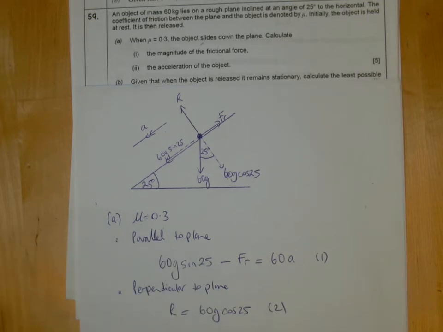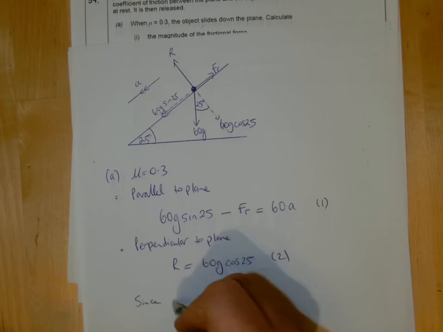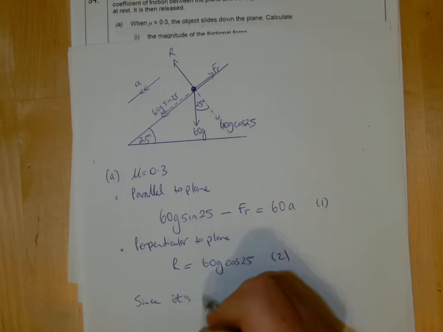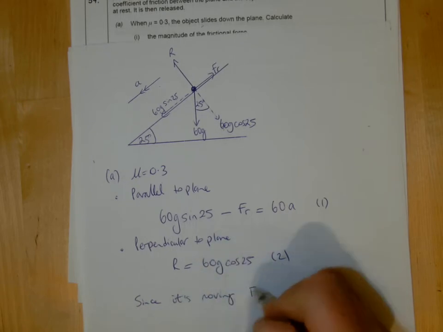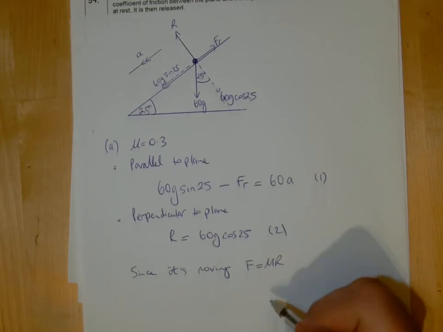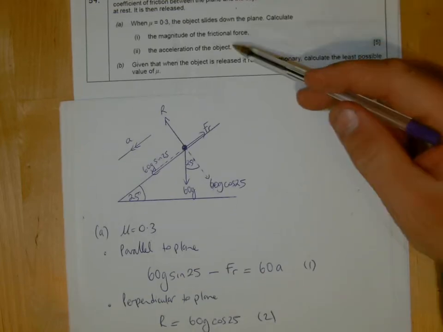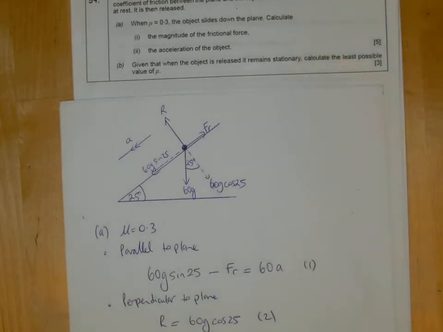Because the object is moving, friction is acting and friction is at its max. So since it's moving, I can say F equals mu R. That will help me answer part 1 of this question, the magnitude of the frictional force.